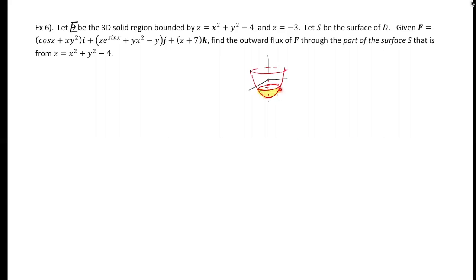Let's close it off by adding a lid, find the total flux through the whole closed region, and then go back and subtract off the flux that was coming from the lid. This is often helpful if you have a surface integral that's super messy. So go ahead, put it on pause, try that, see if you can use the divergence theorem to do this, and then we'll check.